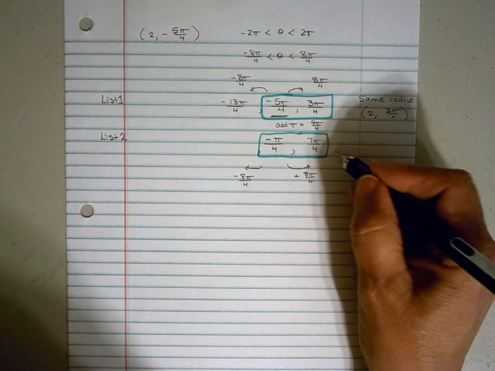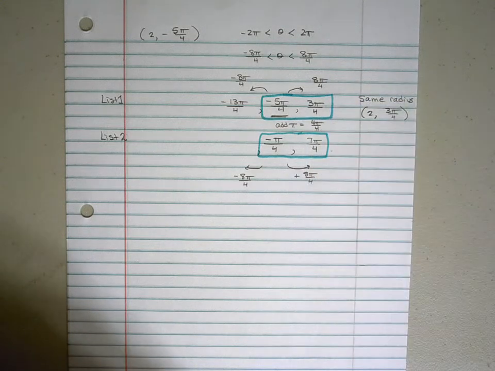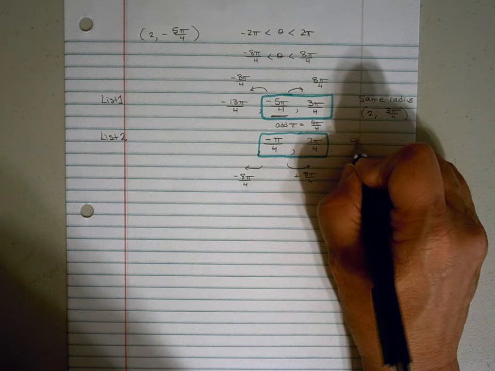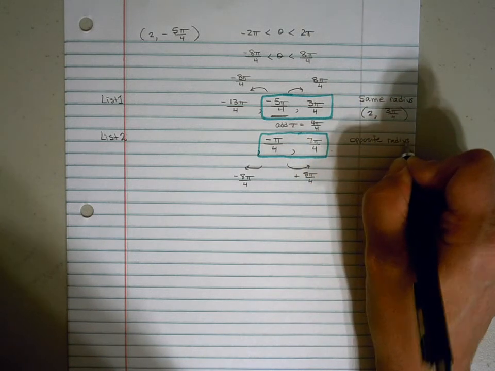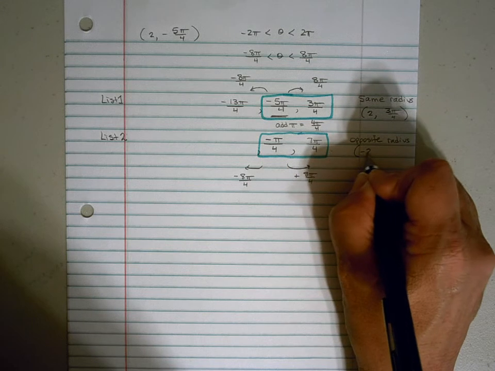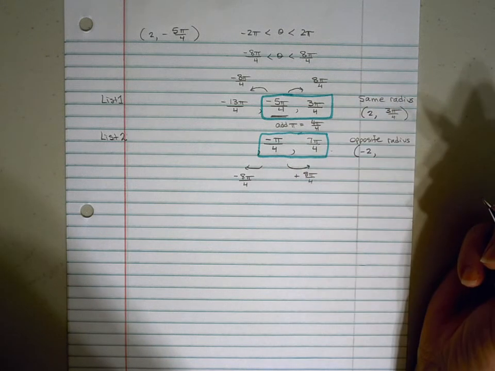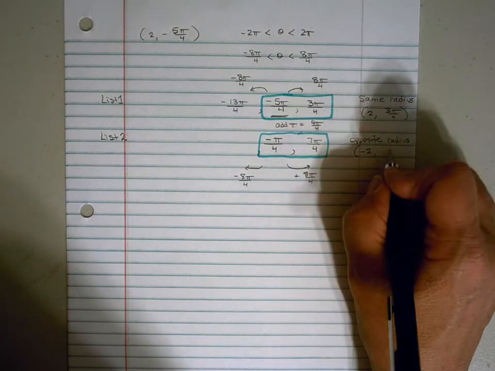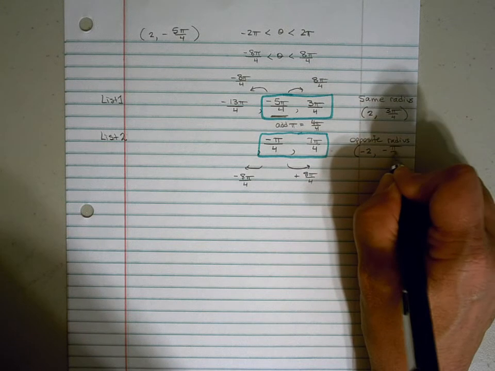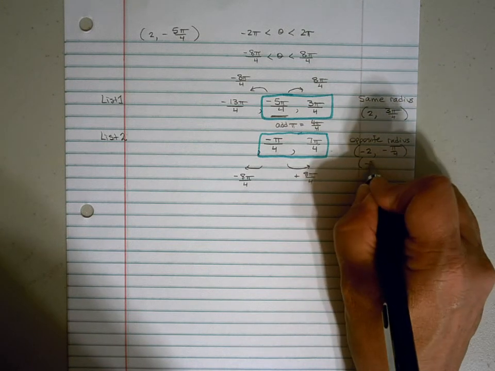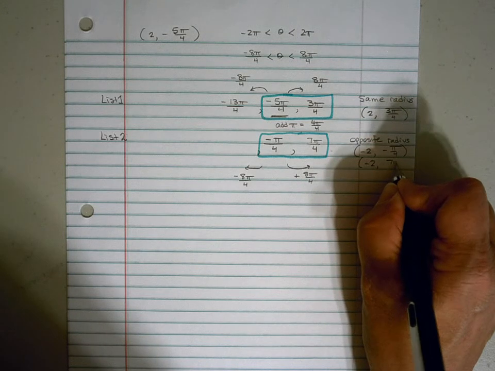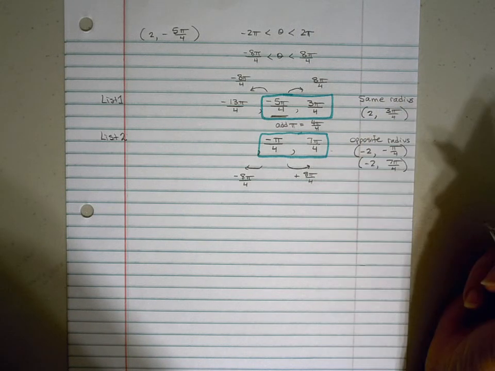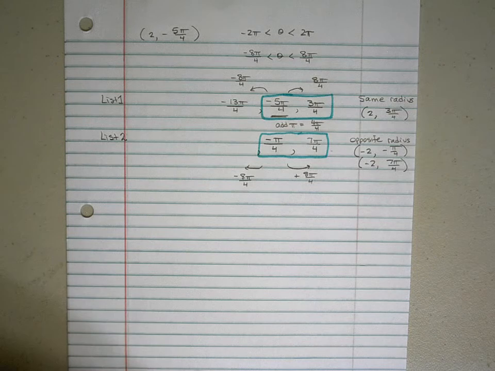And in this other list, it's going in the opposite direction. So I'm going to want an opposite radius. So the opposite way would be negative 2. I'll go ahead and list both of these one at a time though. So I have negative pi over 4. And we'll continue using the negative 2 with 7 pi over 4. Okay, hopefully that works for you.